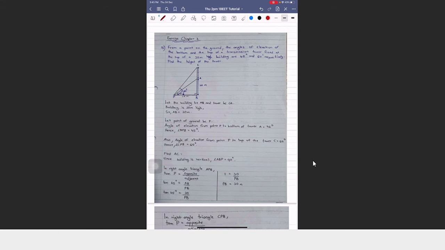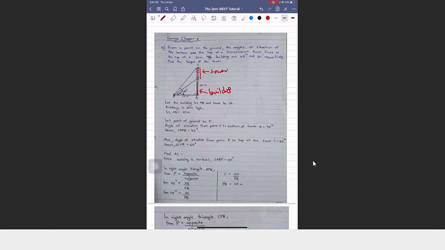Okay, so basically, this question 15. This is the building here. This much is a tower. So you have the tower there, and then you have a point P. From the point P, you have two angles of elevation.